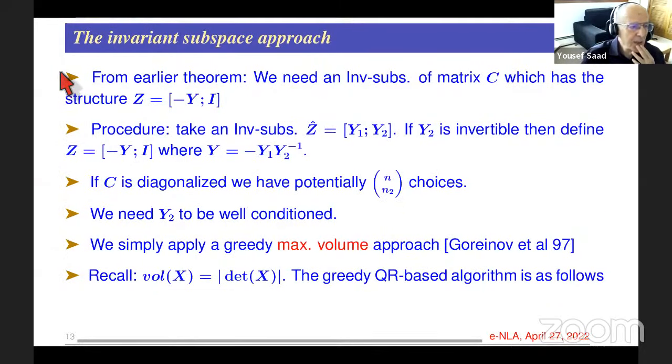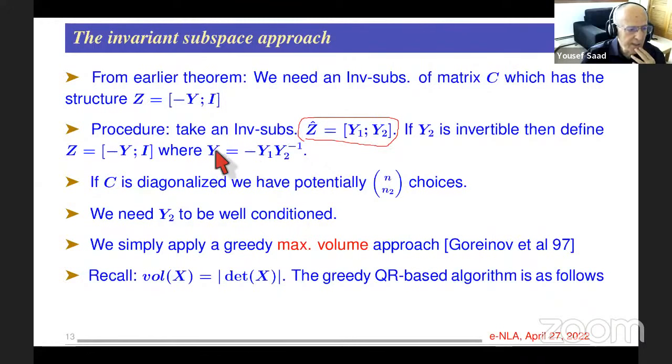So the second approach that I use is the invariant subspace approach. I need to get an invariant subspace with a basis of this type, in this MATLAB notation, right? So I start with something like this first, and then multiply by the inverse of that matrix.